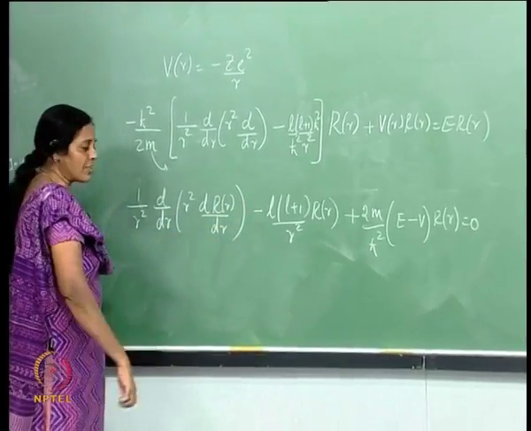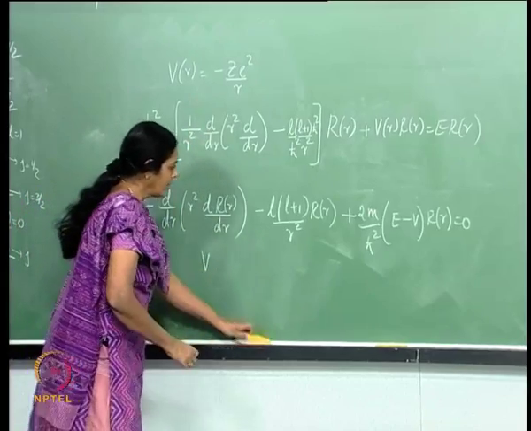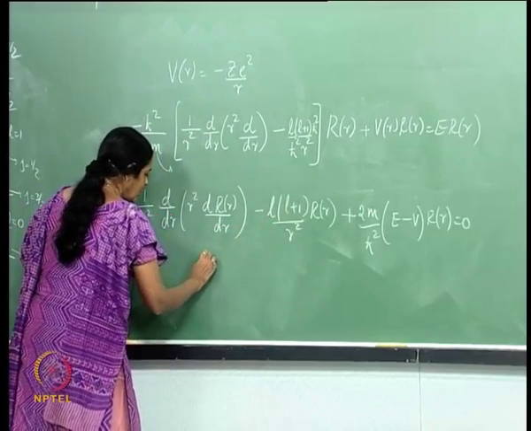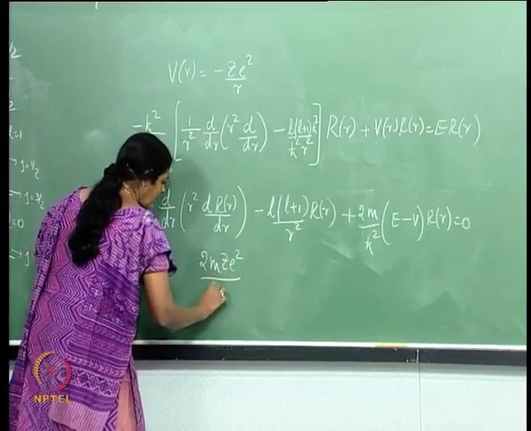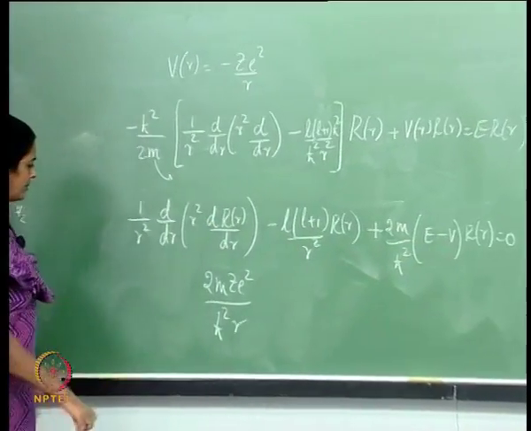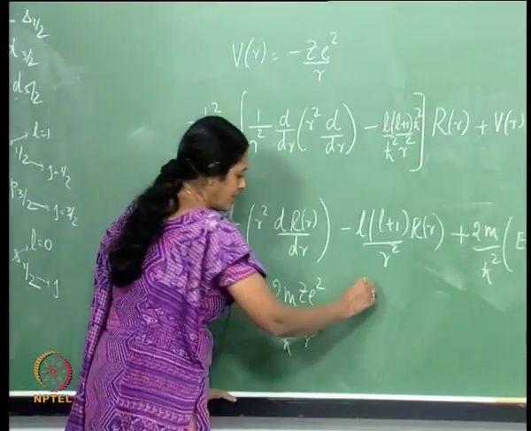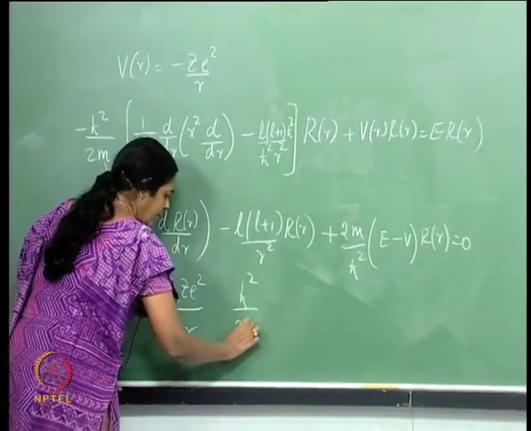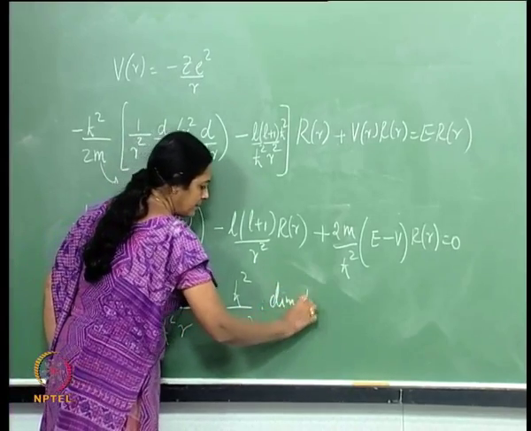Look at the potential term. The potential is minus Ze squared by r, and therefore I have 2m Ze squared by h-cross squared r. That is the term that I have there. You can identify an object of the dimensions of length here. h-cross squared by m e squared is an object with the dimensions of length.